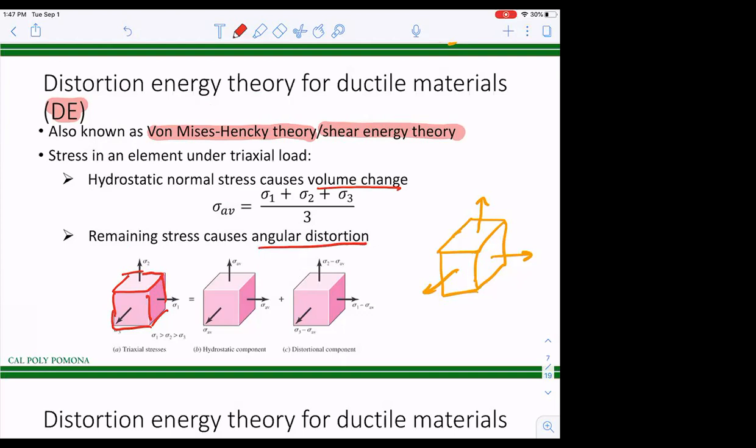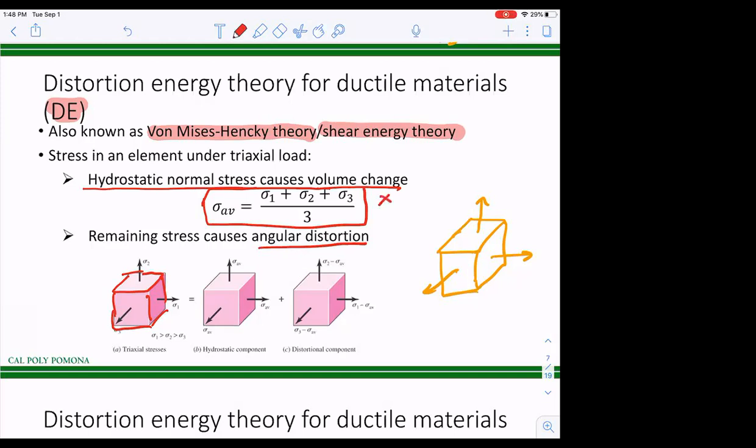Now, the stress that causes change in volume is the average of the three principal stresses that are being applied. We call that hydrostatic normal stress, because you only see normal stress here. You do not have any shear.